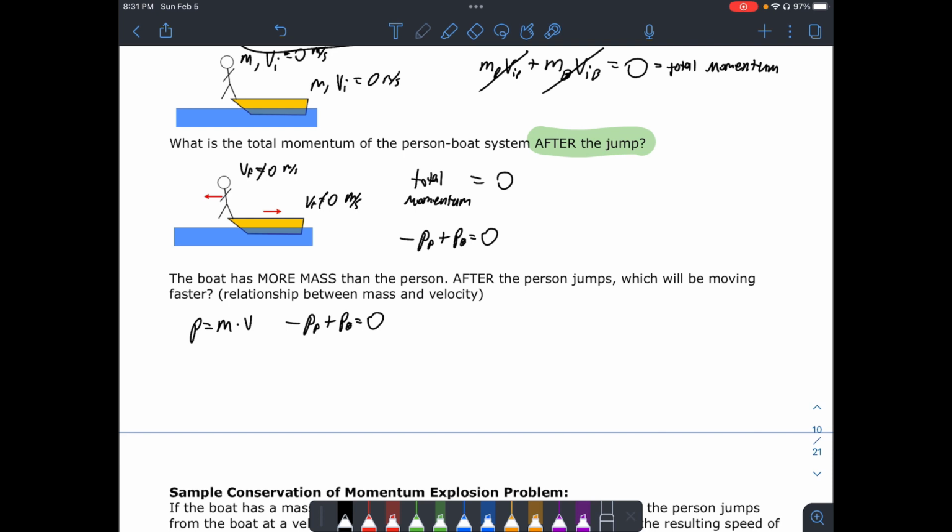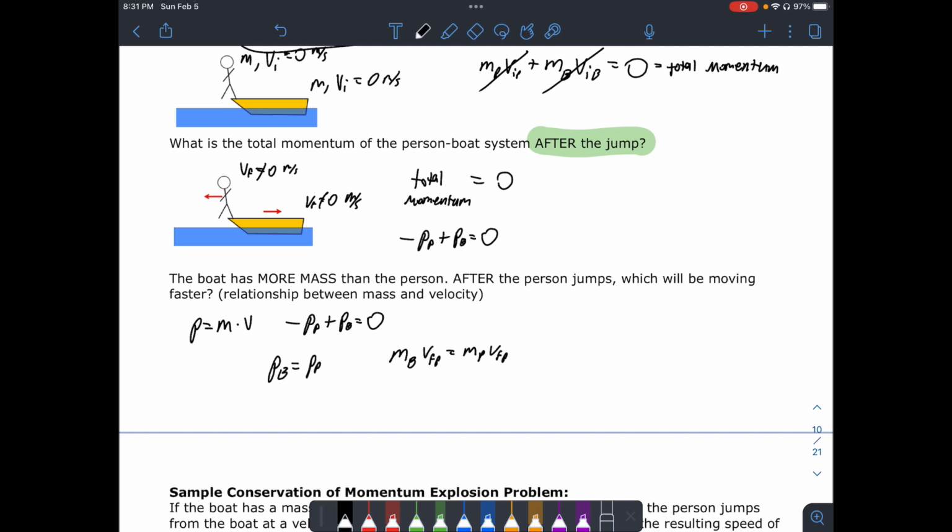So we know that the momentum of our boat and our person have to have the same momentum. They have to be equal. So we can rewrite this as mb VFB equals mp VFP.